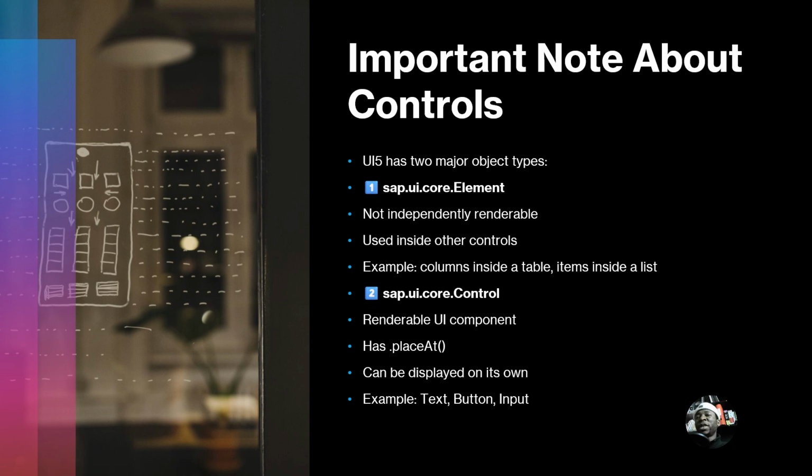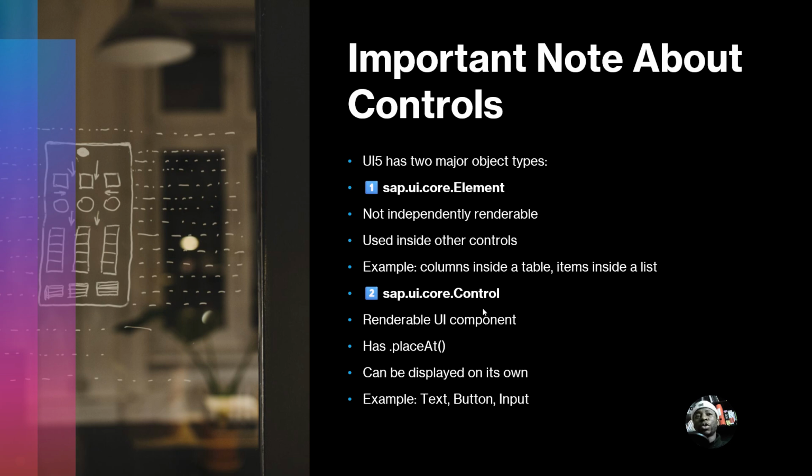What does it mean to be a renderable UI component? When we say render, it just means the process of taking code instructions, for example JavaScript or an HTML template, and converting it into visual elements that a user will see in a web browser. So when you write your HTML, it converts it to visuals for the user.